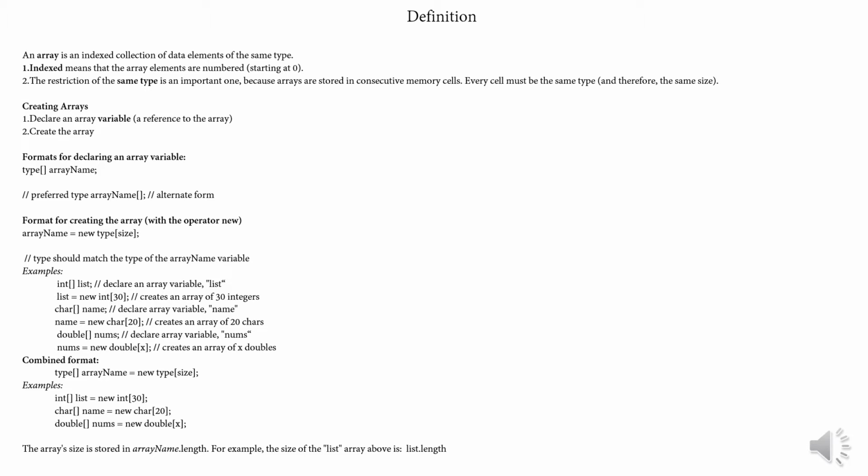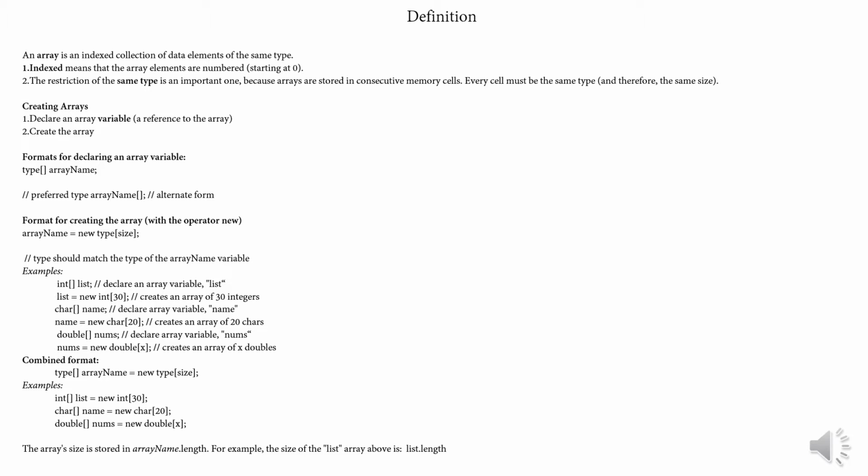So let's see some very simple examples to declare and create an array so that it will be more clear for you. As you see here in this example, we have an array named list, right? And we say that the type of the elements is integer, so int list.